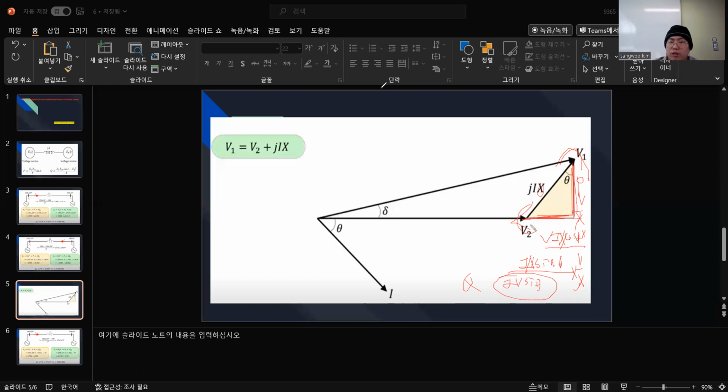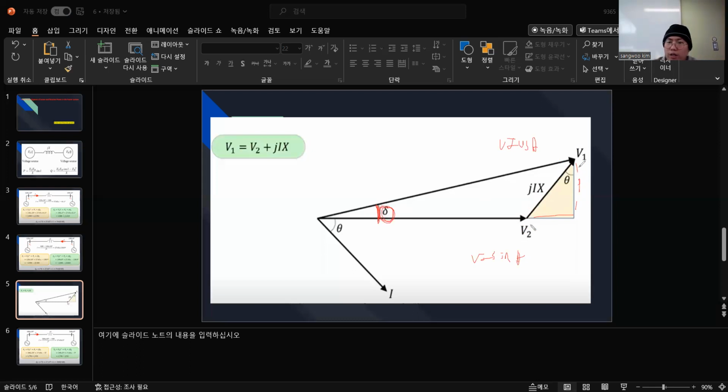So look at that, guys. Here I said P is VI cosine theta. Here is VI sine theta, this part. But look at that. This is an angle, right? This is the torque angle. Later we will learn, okay? Don't worry about it.